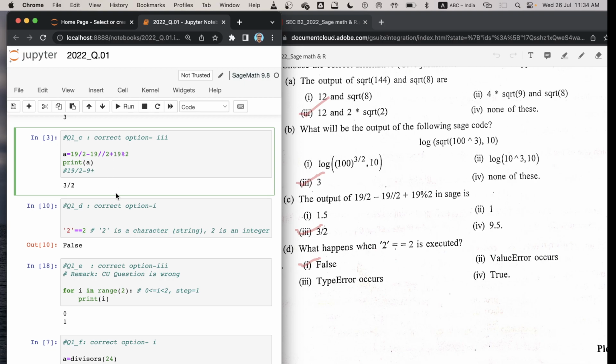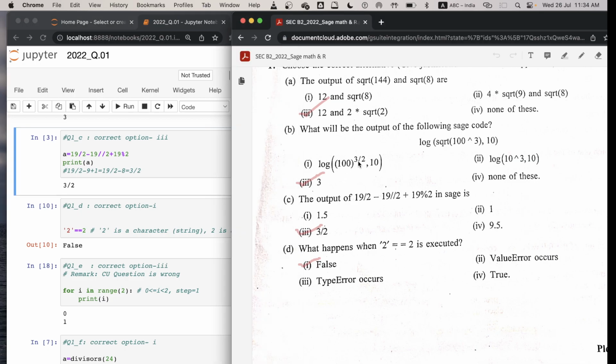So here the remainder is 1. So this equals 19 by 2 minus 8, which is 19 by 2 minus 16, that is 3 by 2. Correct answer is 3 by 2. So this is the answer.